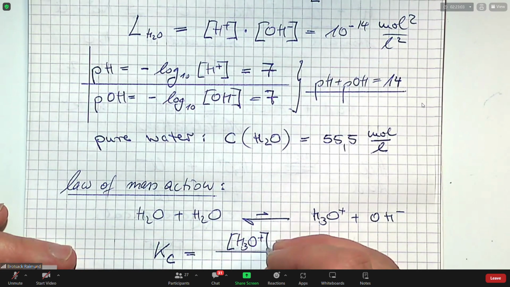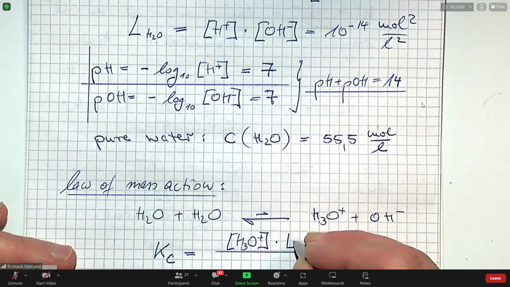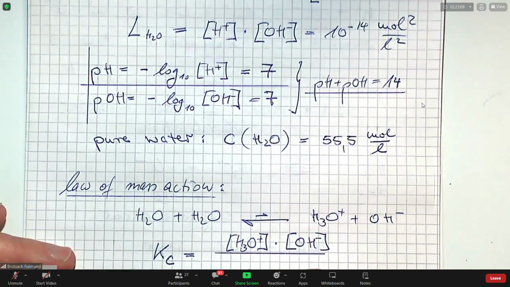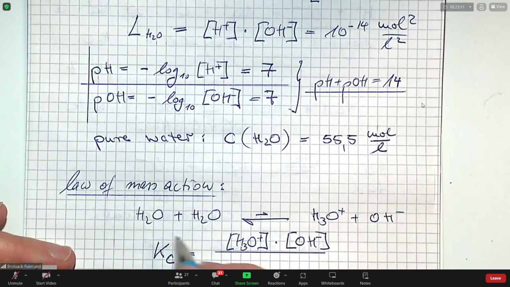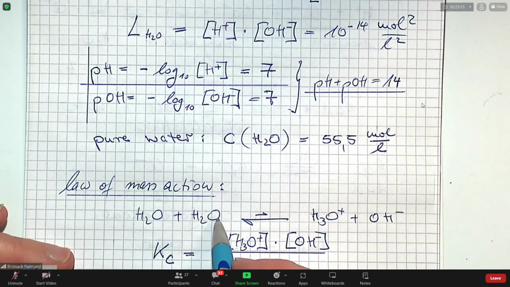H3O plus times OH minus concentration over, not 2 times, the concentration of water square.